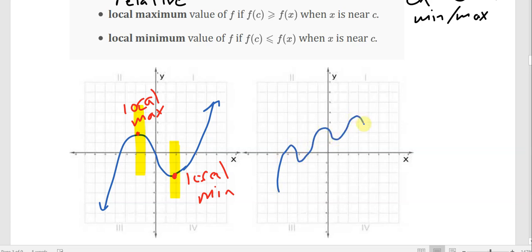I could do some kind of function that looks like this, and it keeps going, and you're going to have maximums at all of these little hills, and then you're going to have local or relative minimums in all of these little valleys. So you can have more than one, that's fine. But the relative min, relative max, is just any hill or valley. It doesn't have to be the highest one for the entire graph like the absolutes did.